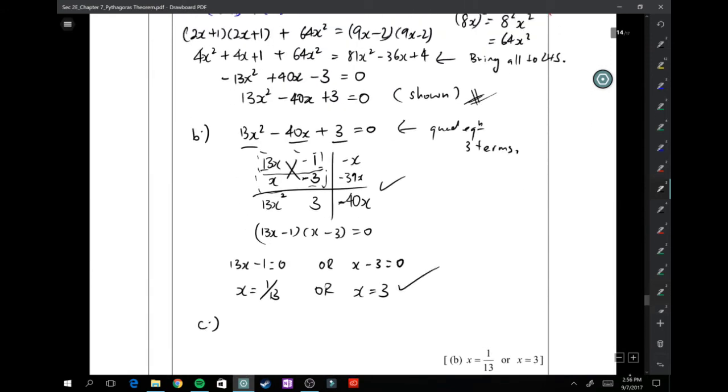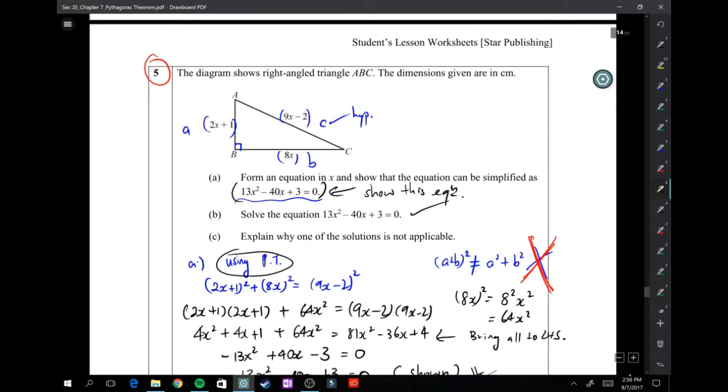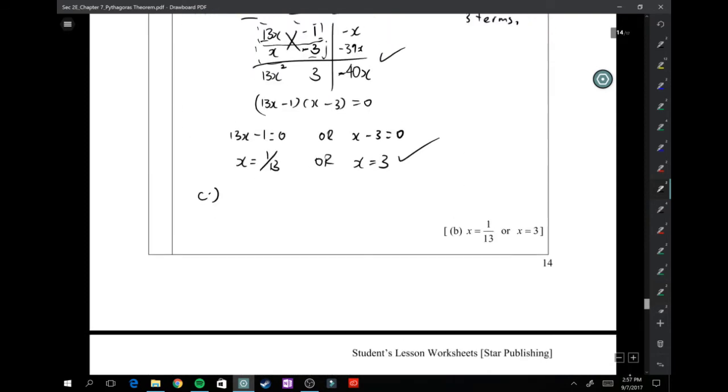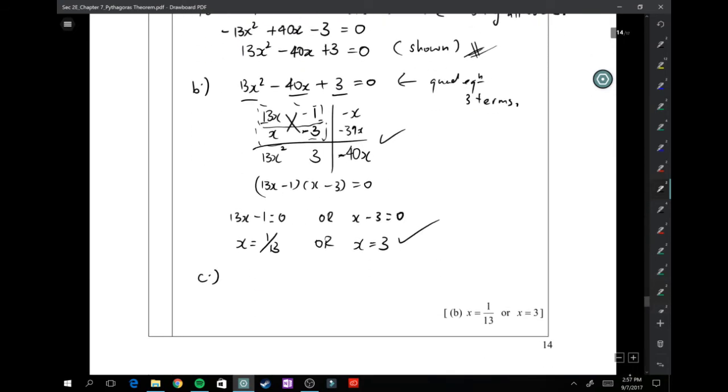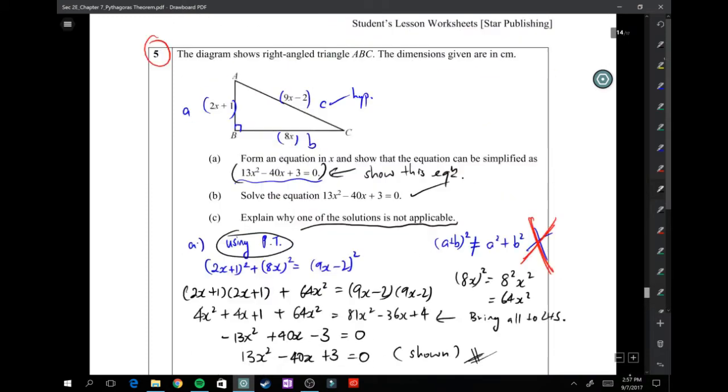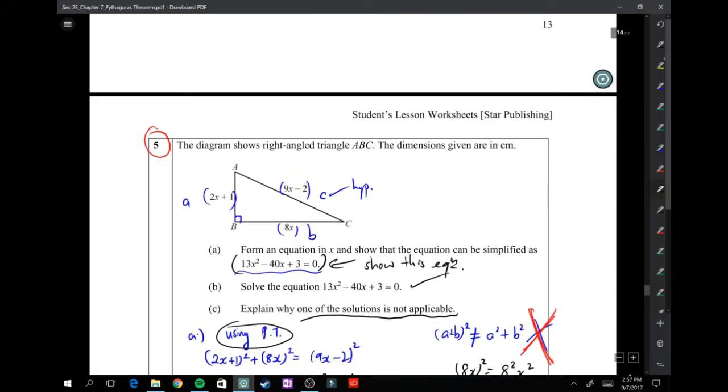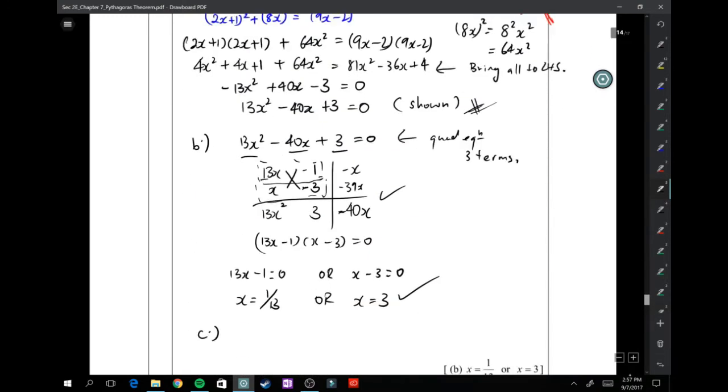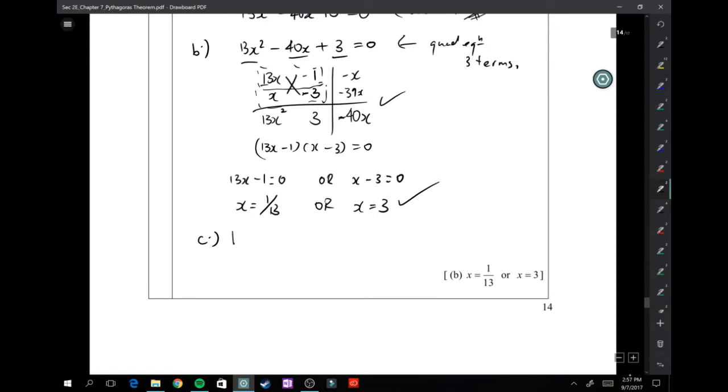Now part C, they ask you to explain why one of the solutions is not applicable. Remember the triangle. The triangle is 9x minus 2, 8x and 2x plus 1, right? So let's see, the hypotenuse is given by 9x minus 2.